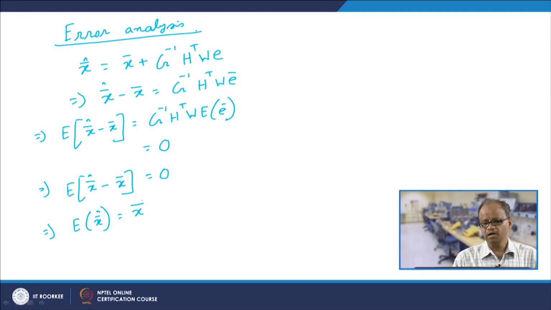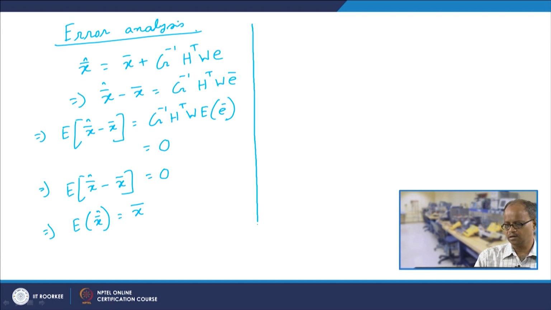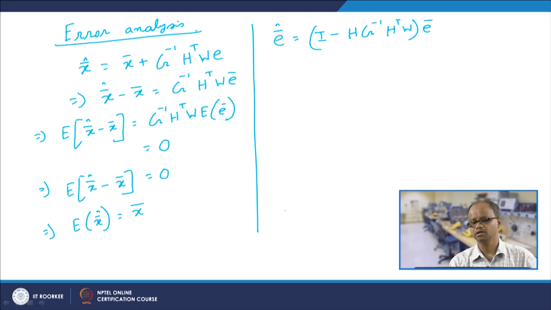We also have seen that the estimated error is given by identity matrix minus H G inverse H transpose W into E, that we have already seen.